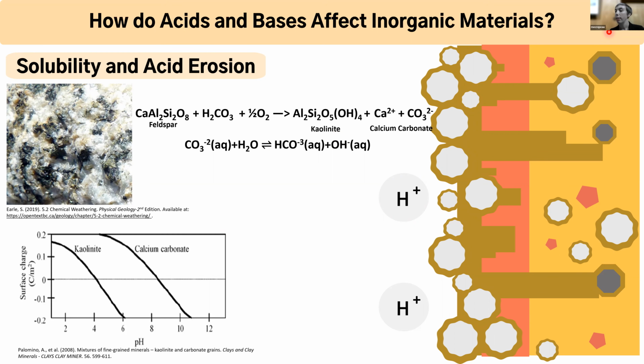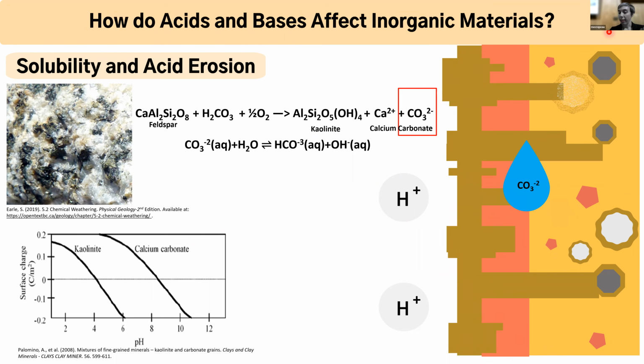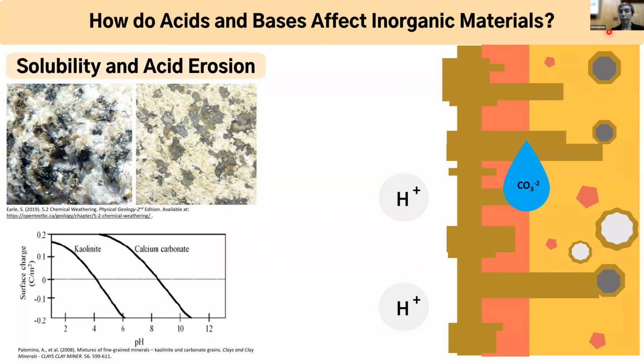What happens when you have an acid introduced into the environment, like through acid rain, for example, all of a sudden it gets broken down into more soluble components like carbonates. And so when you add moisture to it, when it rains, for example, these things are going to dissolve. They're going to open up the structure more so that you can get loss of your feldspar pretty deep into the material over time. And you can see the difference over here between something that is very uneroded versus something that has been largely affected by acid.